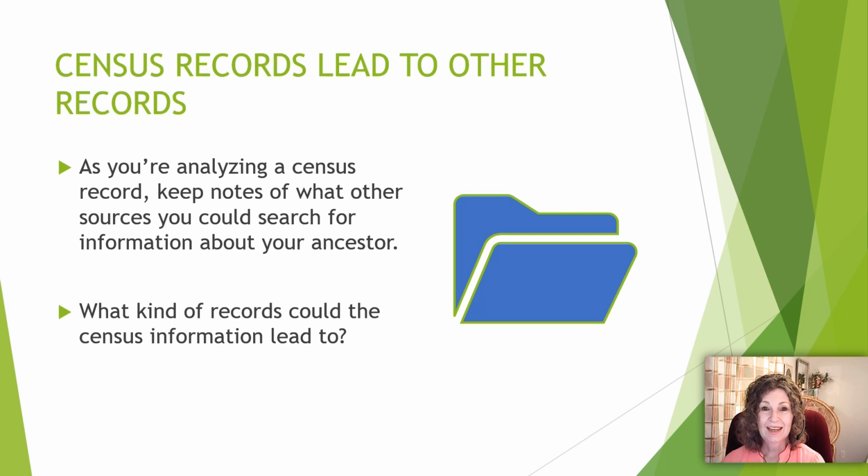And if you found perhaps that your ancestor was marked in the column of working in agriculture, that could lead you to land records. If your ancestor was 45 plus in 1820, maybe you could start looking for probate records if he died after that. And so think about what other records could be there for you to make more discoveries.